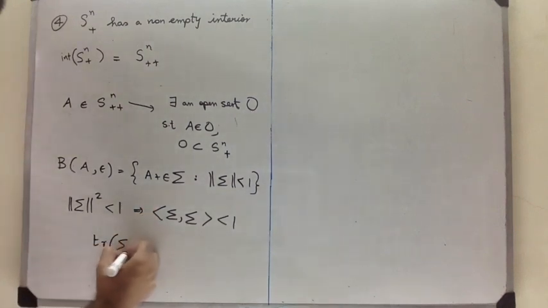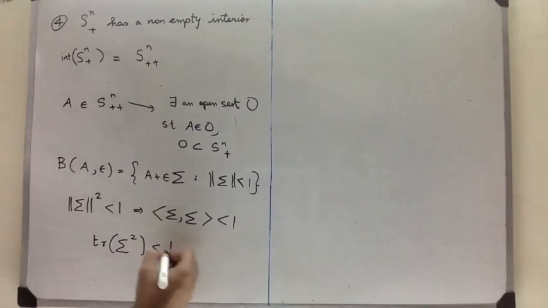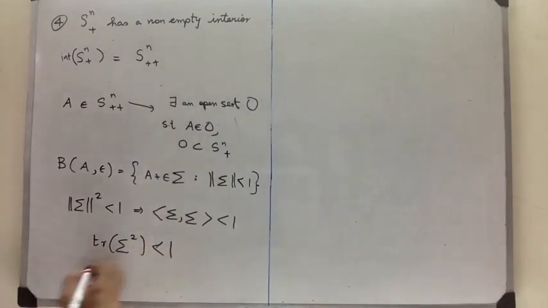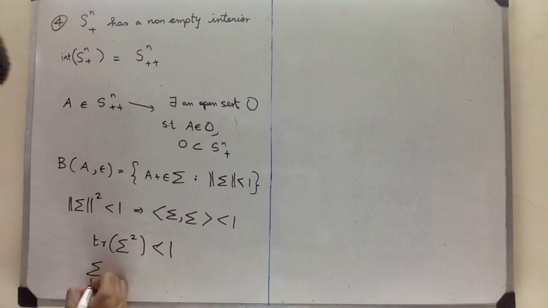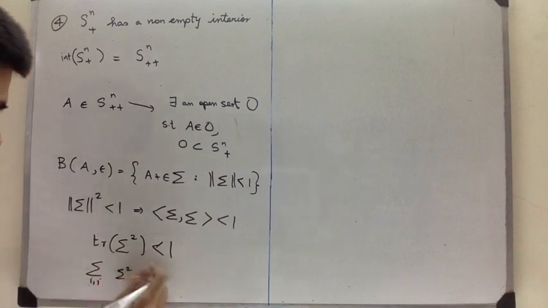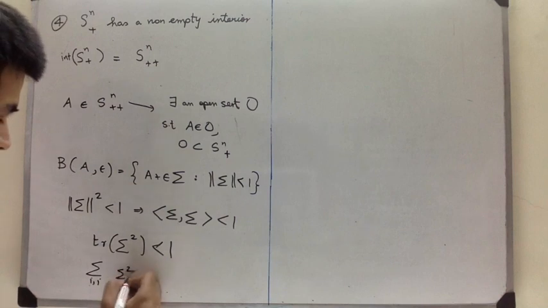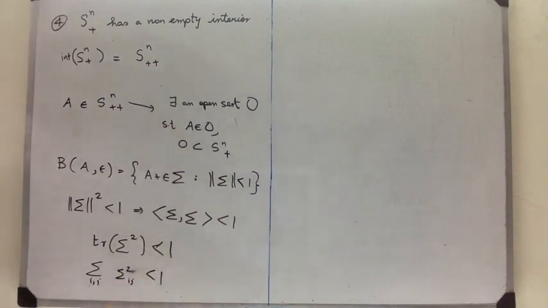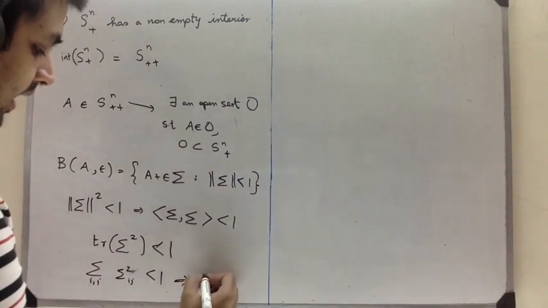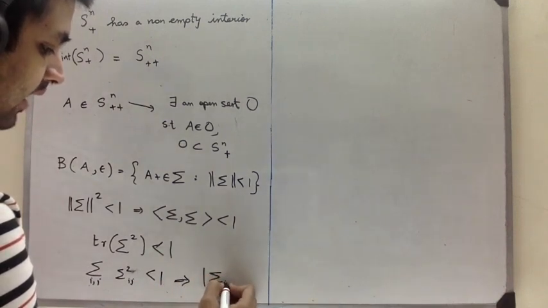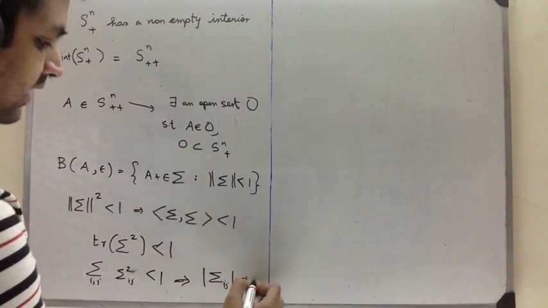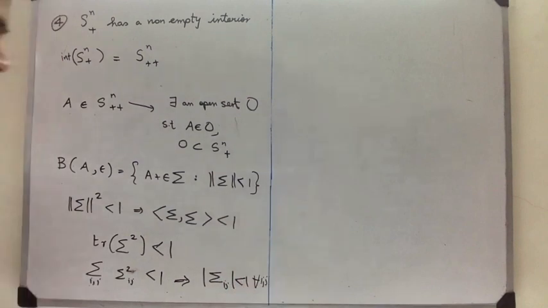Thus, trace of sigma squared is less than 1, or the sum over ij of sigma ij squared is less than 1. This in particular implies that mod sigma ij is less than 1 for all ij. If the sum of squares of some numbers is less than 1, then each entry has to necessarily be less than 1 in modulus.